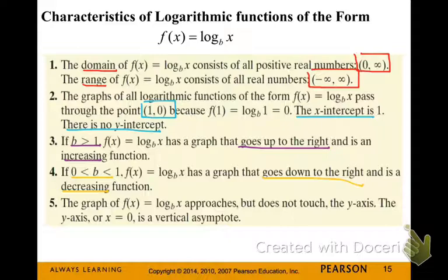But if b is a fraction between 0 and 1, the graph is still going to go to the right, but in this case it's going to start up by the y-axis and then go down towards the right, making this a decreasing function. And like we already mentioned, the logarithmic graph is going to have a vertical asymptote on that y-axis.